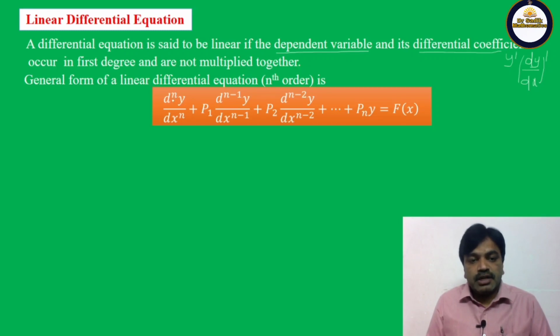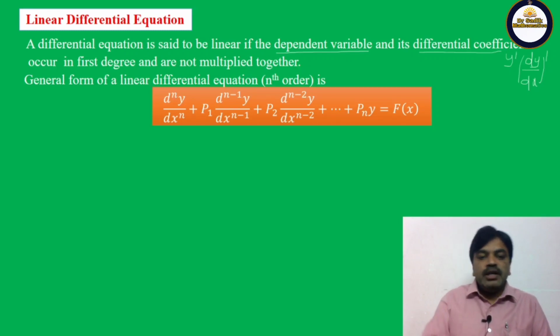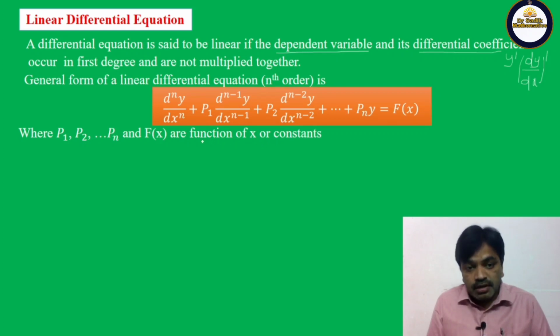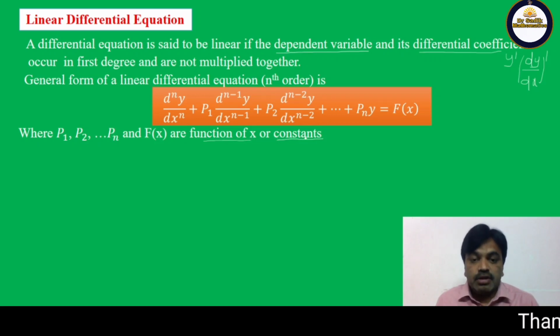What is the order here? The order is n. Now if we observe, p1, p2 and so on up to pn and f of x are functions of x or constants.